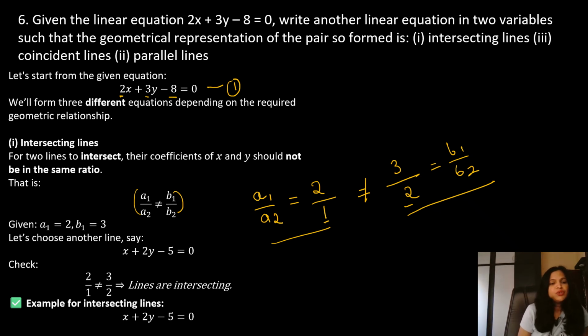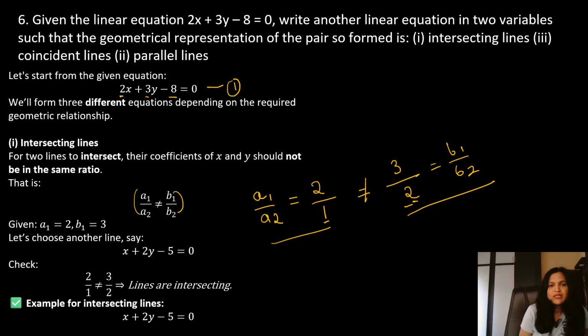This condition should be satisfied, then only you get the lines of intersection. That's why another equation has coefficient of x as a2, here 1, and coefficient of y here 2, some random coefficient which is not same as c2.